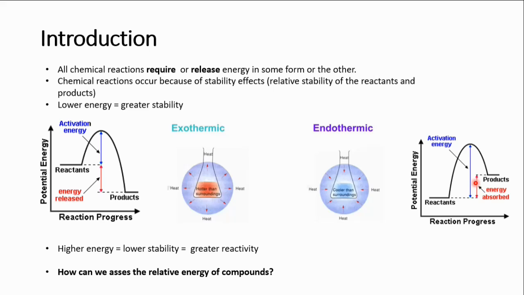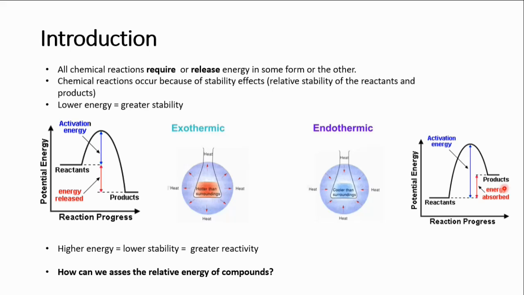Now, higher energy means lower stability in chemistry. Lower stability means greater reactivity, as you can see I have written here. So for an endothermic process, you are producing products which are more unstable, or you could say they are of lower stability than the reactants.